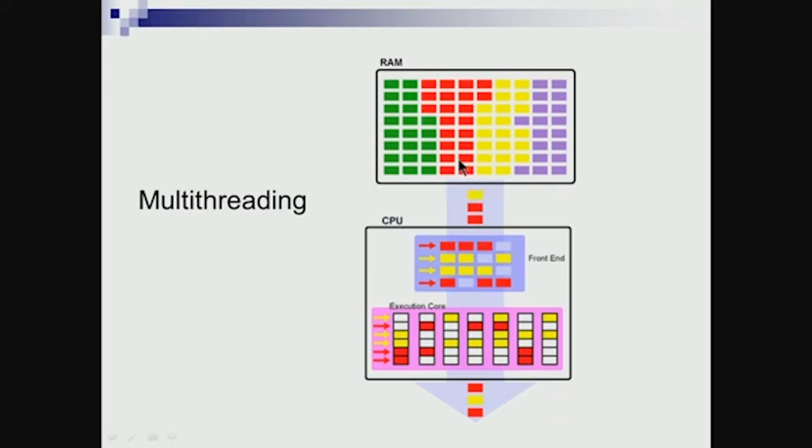So, the red and the yellow get executed, but at one time slot, every row in this particular front end will have only either the red instructions or the yellow instructions. By this, the wastage of units does not significantly reduce.